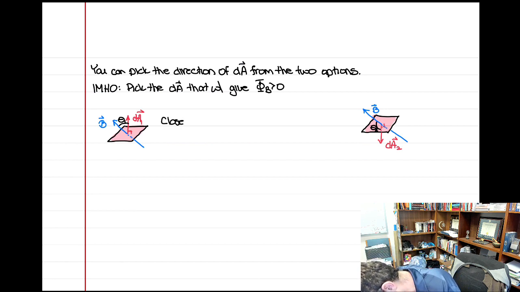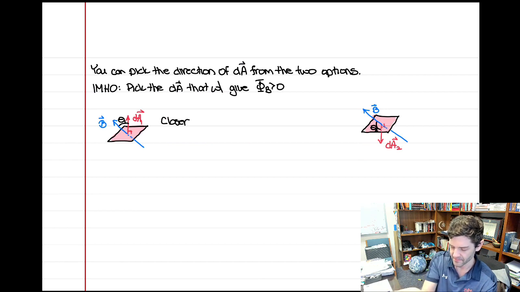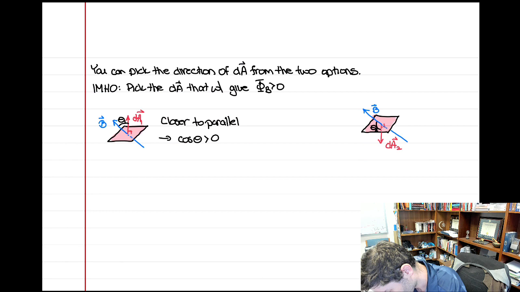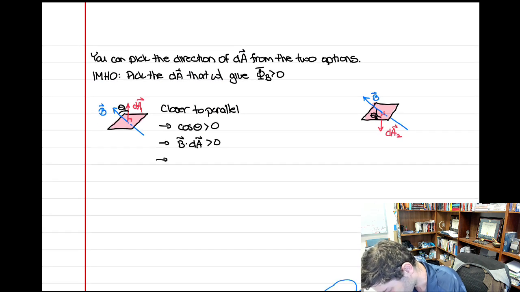If that's what I defined my dA to be, say here's a slab, and I have the dA vector point up, this is closer to parallel, which implies that the cosine of theta will be positive, and then that implies that the dot product will be positive. And then since I'm integrating over a bunch of these, that implies that the magnetic flux will be positive.